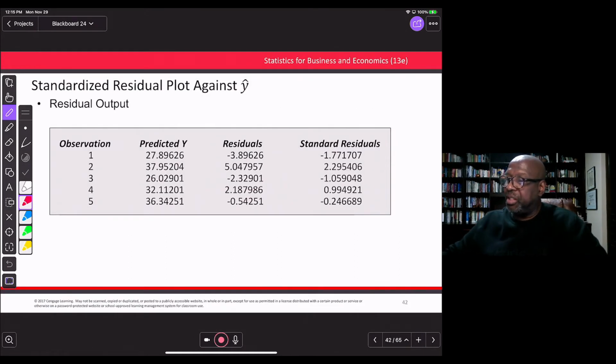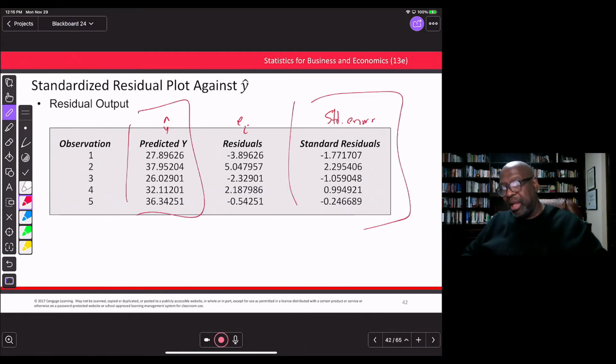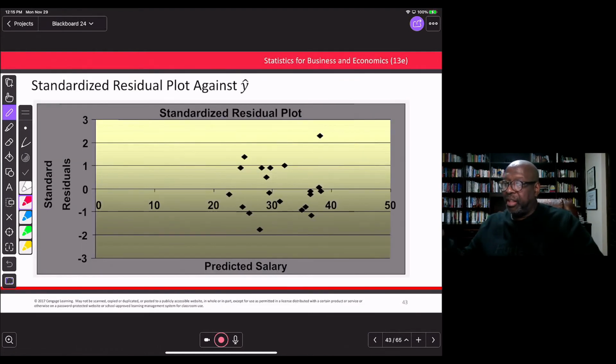We have these observations. Here's our predicted value y hat, here are the residuals or the errors, e_i, and here are the standardized errors. If we were to plot that versus this, we should not see any particular pattern. Something that looks like this, for example.